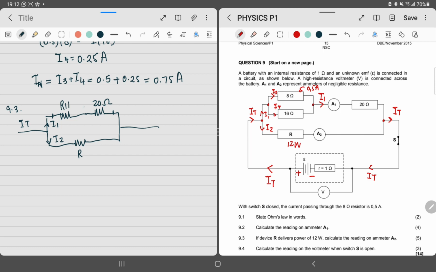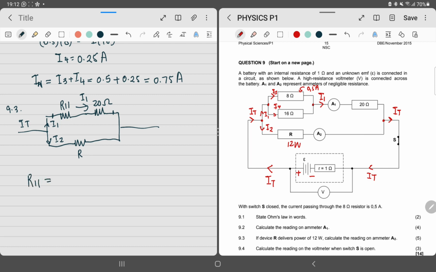We know that the whole of I1 will pass through the series combination because the potential difference will be divided, but we will have the same current. So we'll calculate the potential difference for the parallel combination, and then for the 20 ohm resistor, and then we'll add the two to find the V for that series combination.